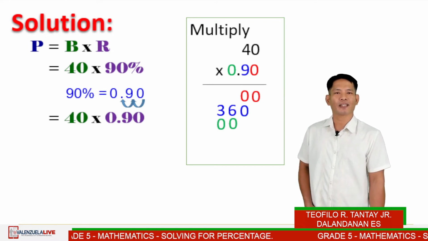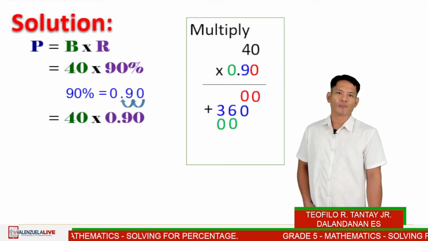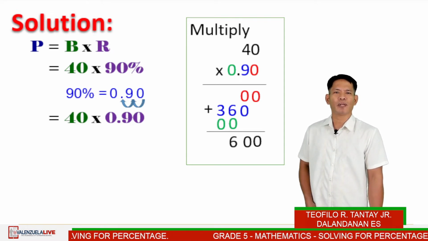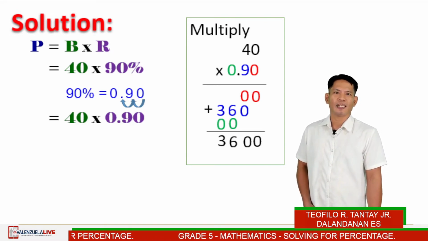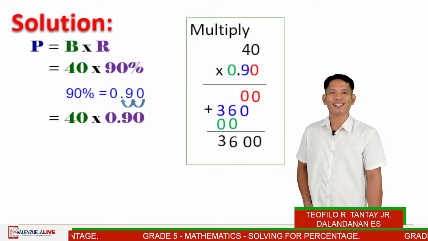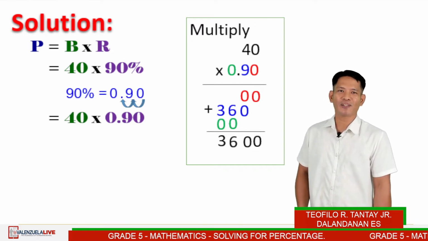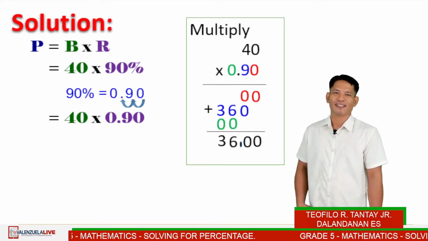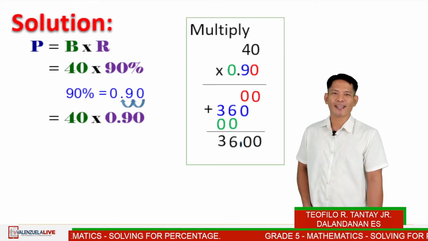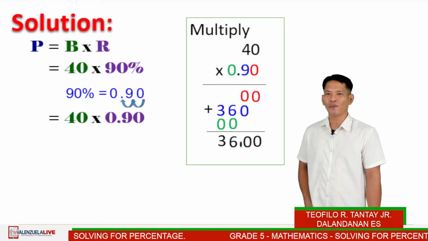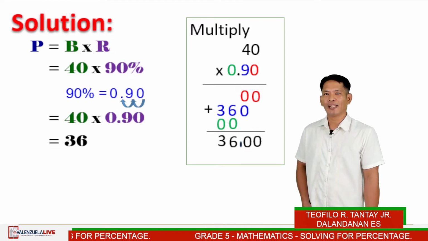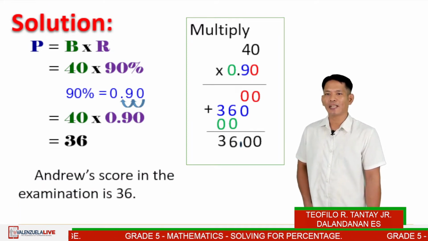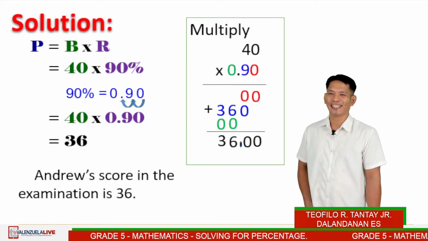If we add the partial products, we bring down 0. 0 plus 0 is 0, 6 plus 0 is 6, 3 plus 0 is 3. In our factors, we have 2 decimal places. Therefore, we need to move the decimal point 2 places to the left. The decimal point is located between 6 and 0. Therefore, the percentage is 36. Andrew's score in the examination is 36.